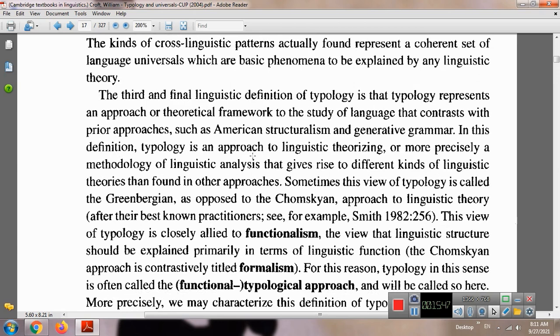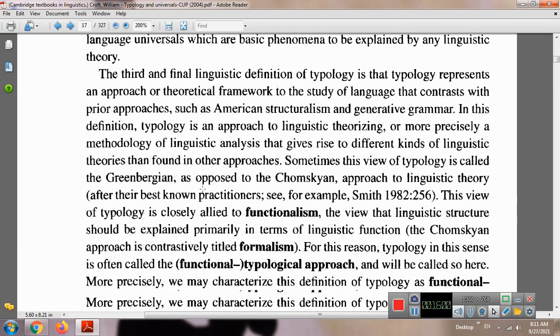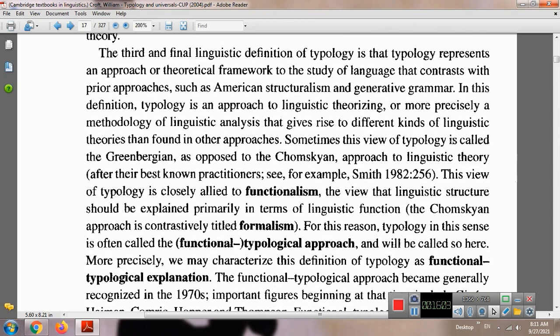In this definition, typology is an approach to linguistic theorizing, or more precisely, a methodology of linguistic analysis that gives rise to different kinds of linguistic theories than found in other approaches. Sometimes this view of typology is called the Greenbergian as opposed to the Chomskyan approach to linguistic theory, after the best-known practitioners, like Smith, 1982.